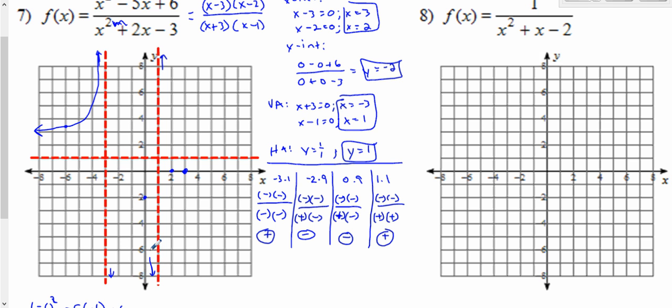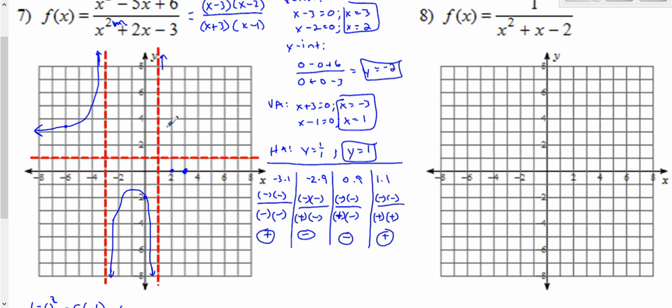So I'm going to go up through that 2, and then I'm going to come down through to negative infinity. Now, the curves in this graph are just because of drawing on the tablet, instead of being able to draw directly. So just a nice smooth curve is fine.